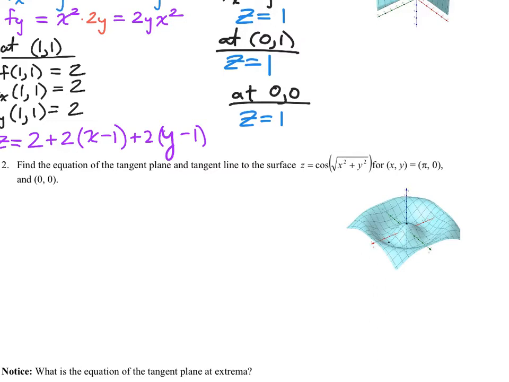All right, but it's still the same structure. So I have my original function, f of x comma y, which is equal to the cosine of, I'm going to write it as x squared plus y squared to the 1/2 power.